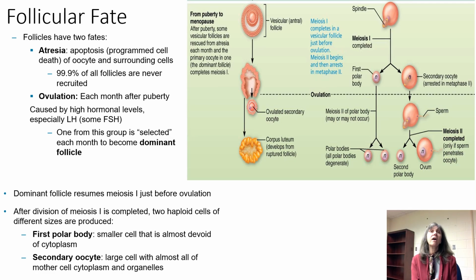So by the end of that reproductive period, a woman has ovulated approximately 500 ova. So 99% of all follicles are never recruited to develop from primordial follicles into primary follicles.